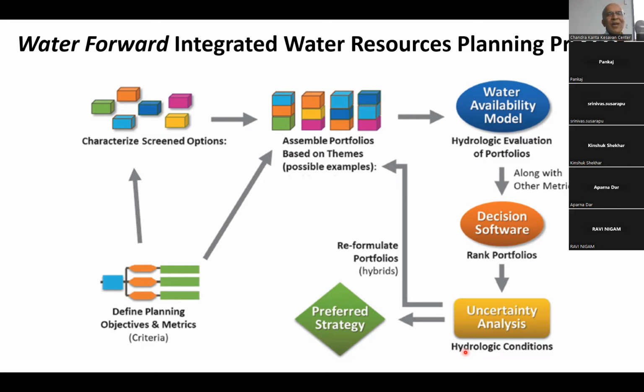That's the financial portfolio. Here it's basically a water portfolio, with themes. You assemble those into different portfolios, and that is then evaluated against the water availability model that the state of Texas has developed for the lower Colorado River, the river that supplies our water.